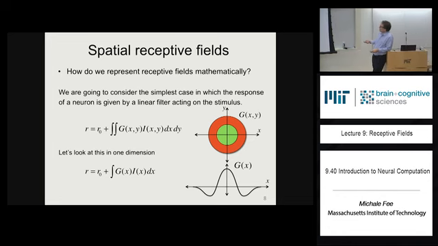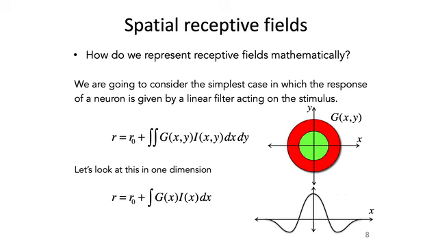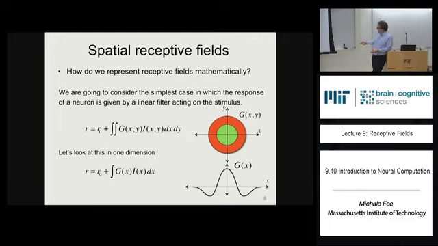Okay, so let's look at this in one dimension. Remember, this was a receptive field that has a positive central region and an inhibitory surround. So if we just take a slice through that and plot G as a function of x, you can see that there's a positive central lobe and inhibitory surround, inhibitory side lobes. Okay, that's a very, very common receptive field early in the visual system, in the retina and in the lateral geniculate nucleus.